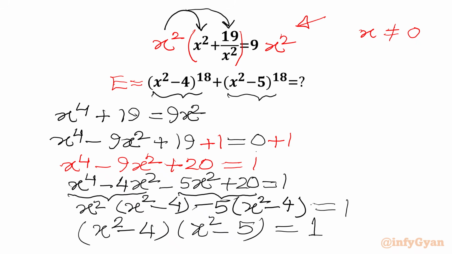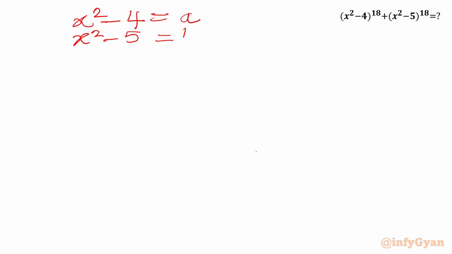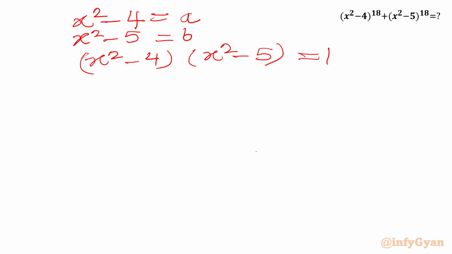So let us assume x square minus 4 equal to A and x square minus 5 equal to B. Let me write here x square minus 4, if this is equal to A, x square minus 5, if this is equal to B, then I can write our equation x square minus 4 times x square minus 5 equal to 1 in terms of A and B. A times B equal to 1.